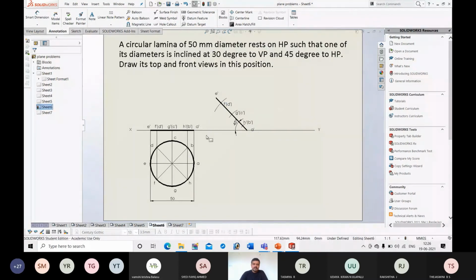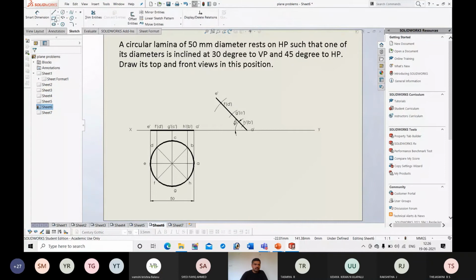Okay, next, again the same procedure: project the points from the front view and from the top view and get new points for the second top view.